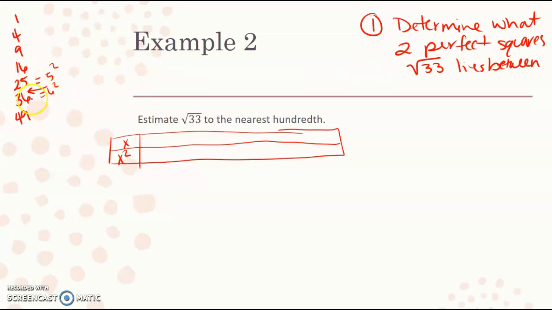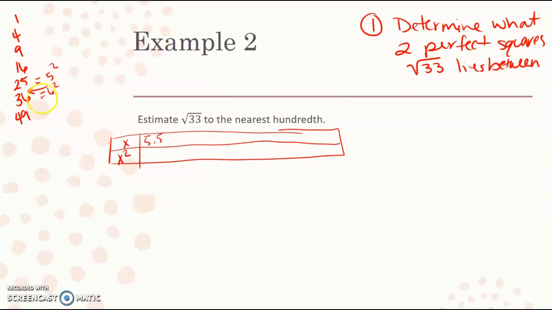When I think about it, it is only 3 away from 36, right? But it is 8 away from 25. So it is closer to the 36. And since it's closer to 36, I'm just going to start at 5.5. I could go from 5 to 6 in this table, perfectly fine.